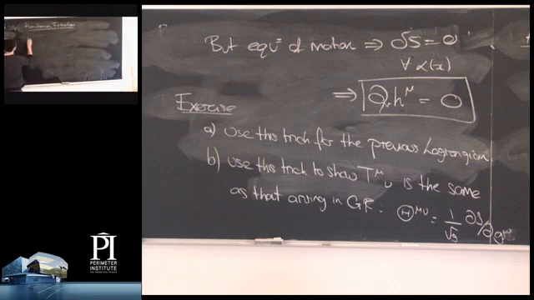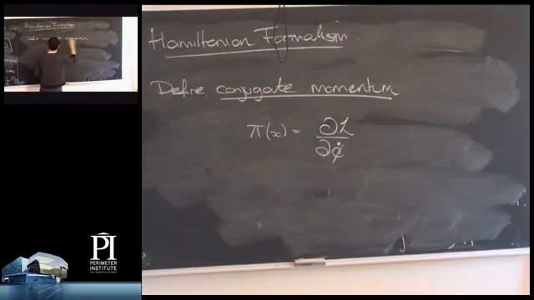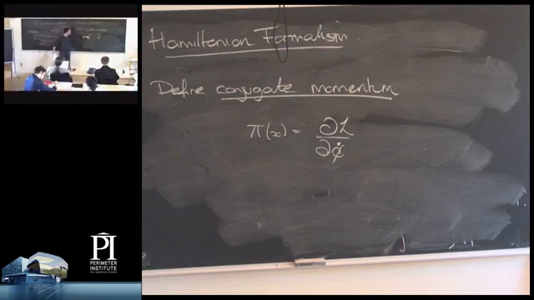So first thing we do is we define the conjugate momenta. The major difference between field theory and particle mechanics is that we call this pi instead of p. That's really it.